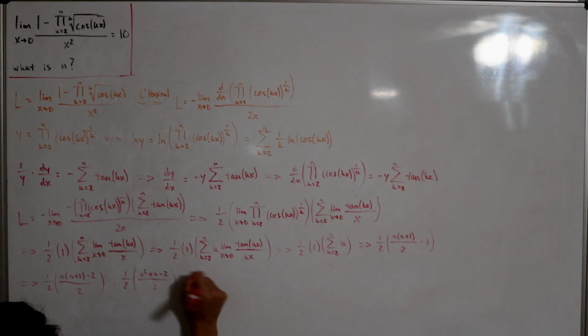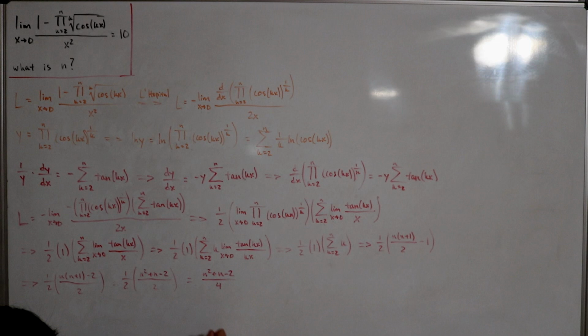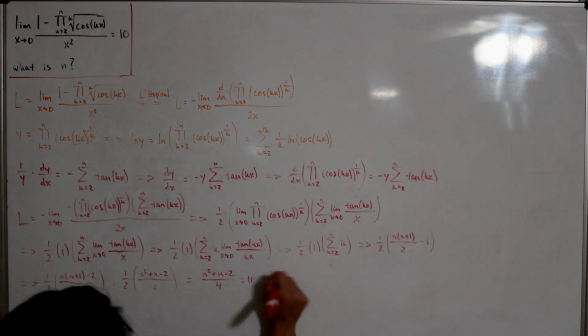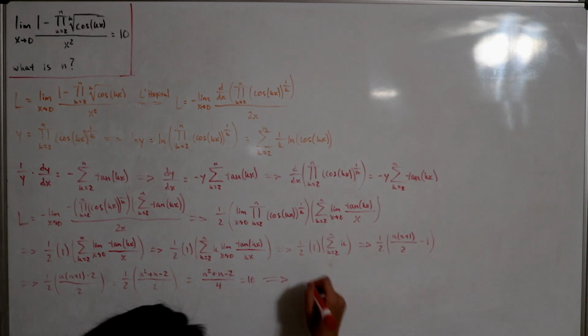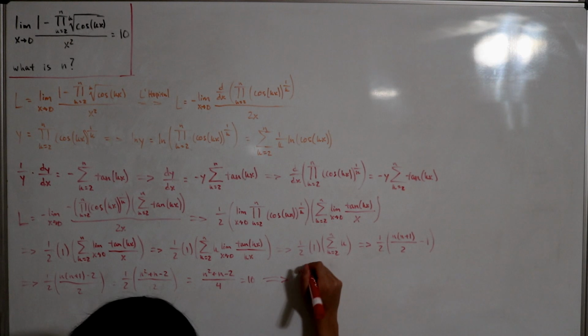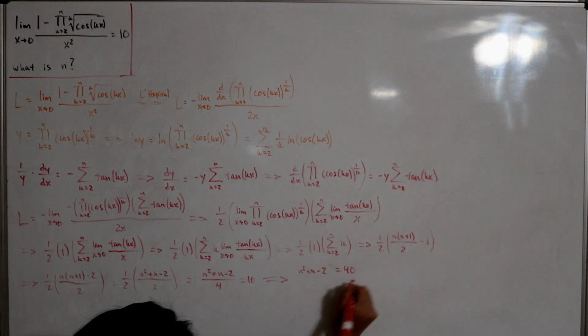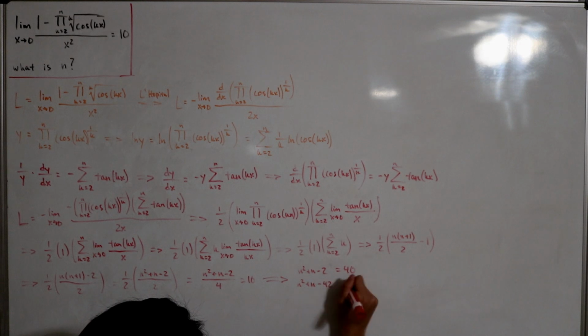Just distribute the 1/2 into here, so n squared plus n minus 2 divided by 4. And we set that whole equation equal to 10. So now, to solve for our n value, we get n squared plus n minus 2 equals 40. Then I can solve this for 0: n squared plus n minus 42 equals 0.